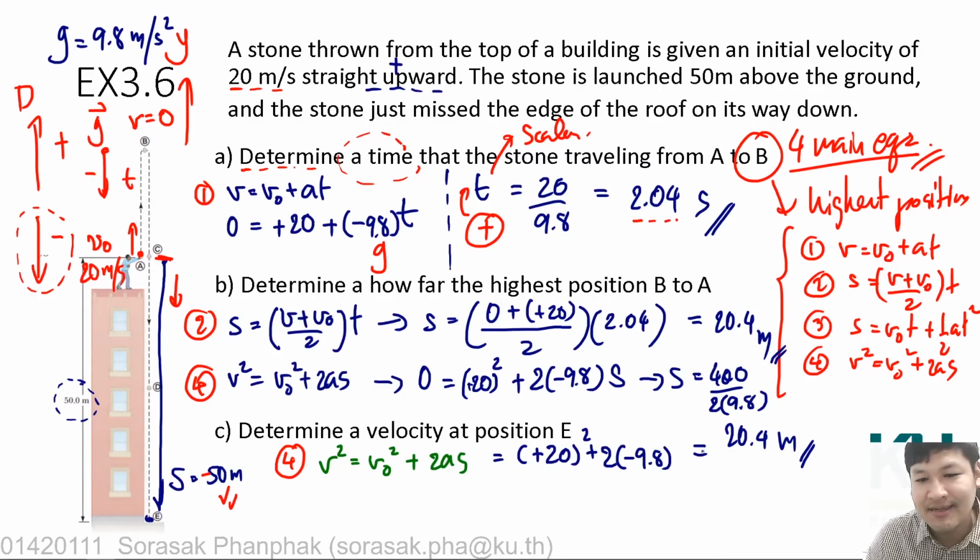And the s is 50, which is in the downward direction. So don't forget to add s as minus 50. I will remove this one so you know they have the same result over here. Okay, so this is minus 50.